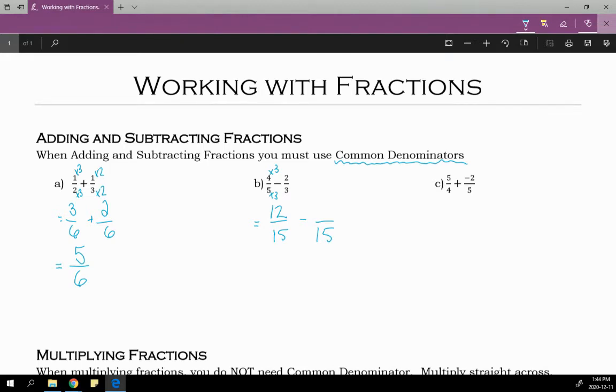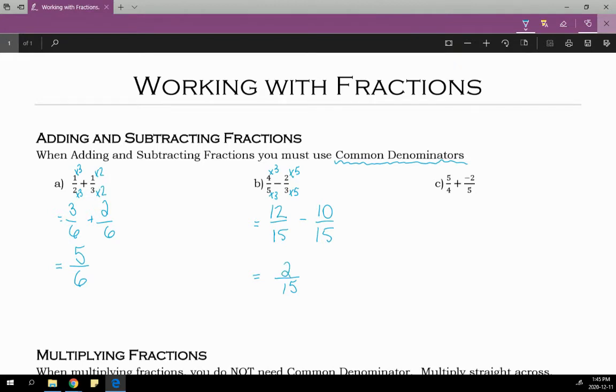If I want to change my denominator from 3 to 15, I would have to multiply it by 5. And if I multiply my denominator by 5, I also need to multiply my numerator by 5. So 2 times 5 is 10. Now, when I subtract these things, my denominator stays the same. We're subtracting fifteenths. And I have 12 subtract 10 in my numerator. So that will leave me with a numerator of 2.